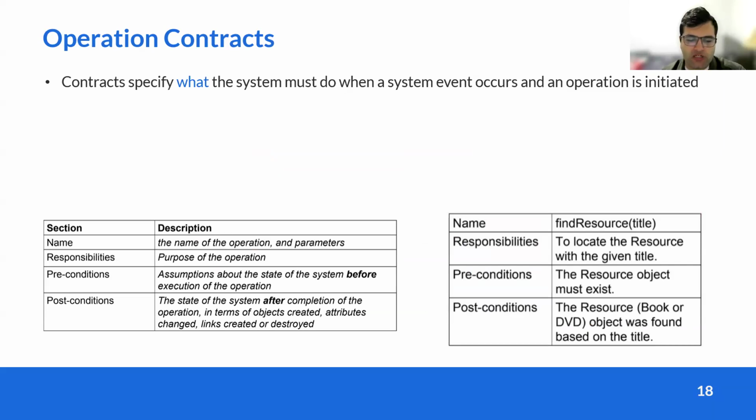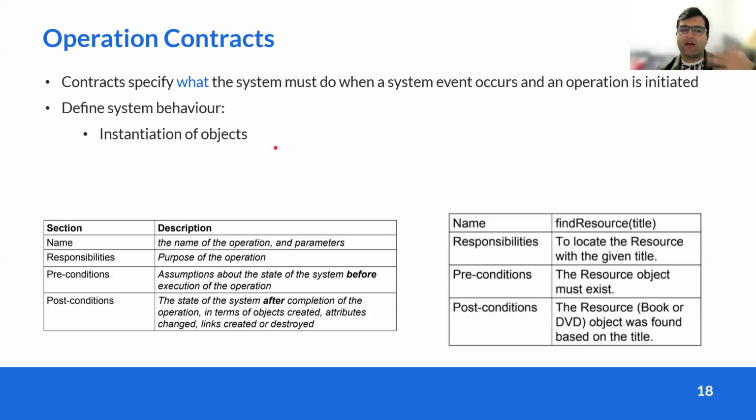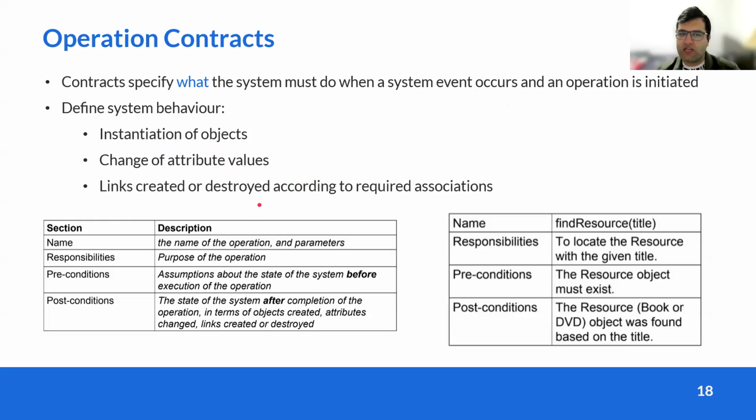And then you have operation contracts. Contracts specify what the system must do when a system event occurs and an operation is initiated. So it basically defines system behavior, right? When a new object is made, when you change the attribute values, when you create relationships between different classes.